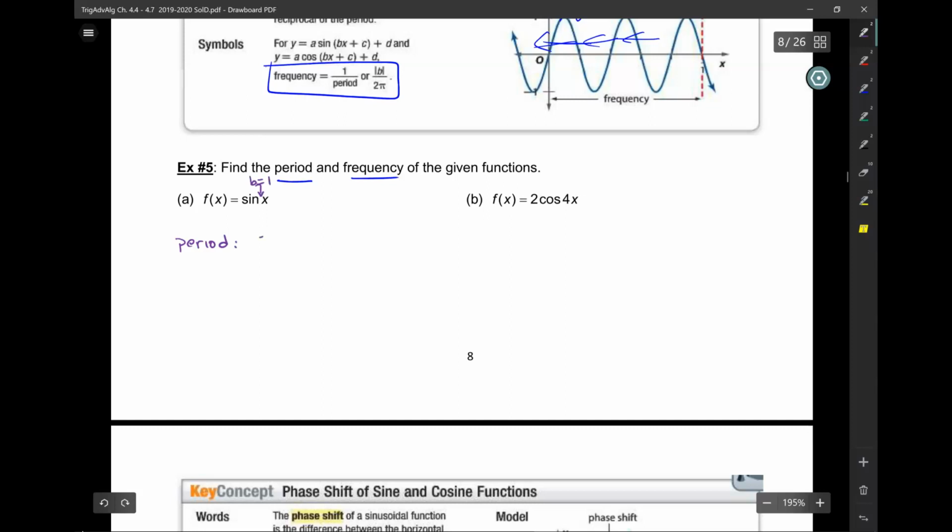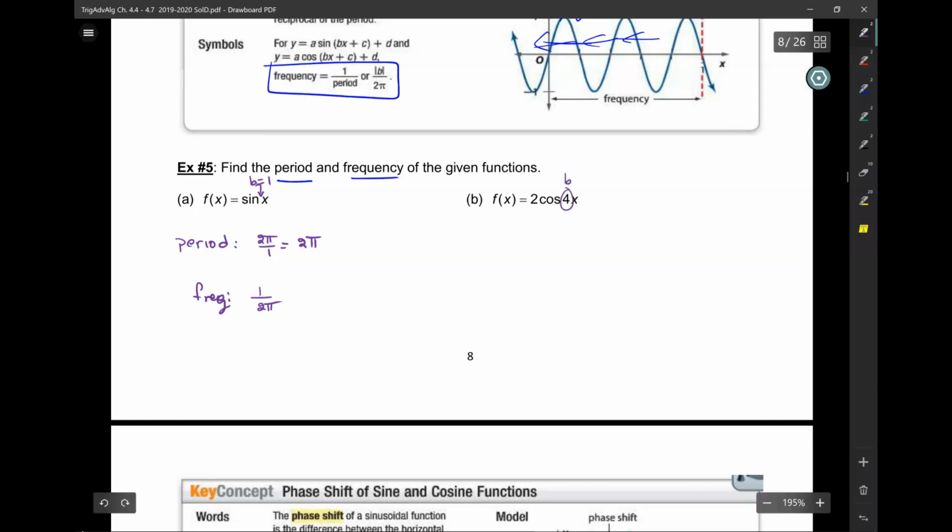So period is 2 pi over 1, which is 2 pi. Frequency, just take the reciprocal, 1 over 2 pi. All right? These are usually free points when I ask you for frequency. So once you find the period, just take the reciprocal.